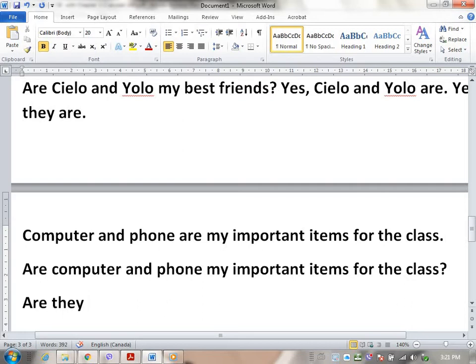Are they my important items? You have to be careful here, you have to make it items. If I make it item, it means only one, but items, it means two things for the class. Okay, then you can say yes they are or no they are not. This is what we have.